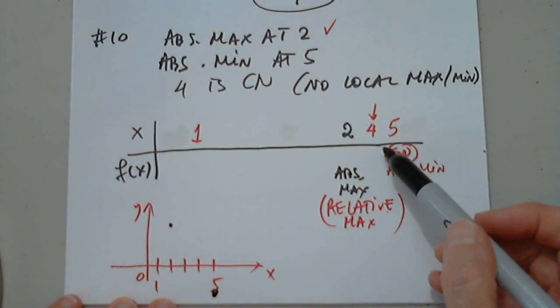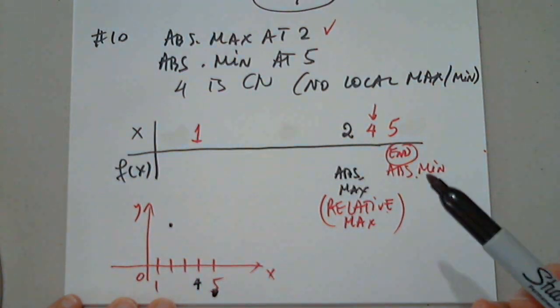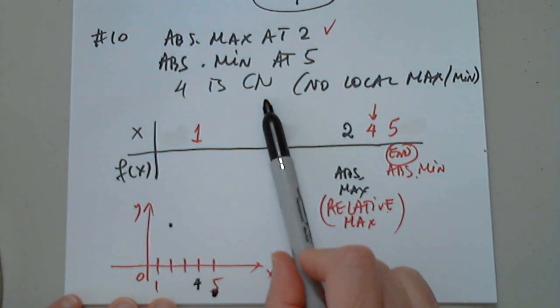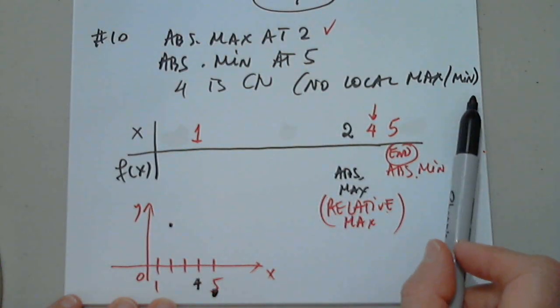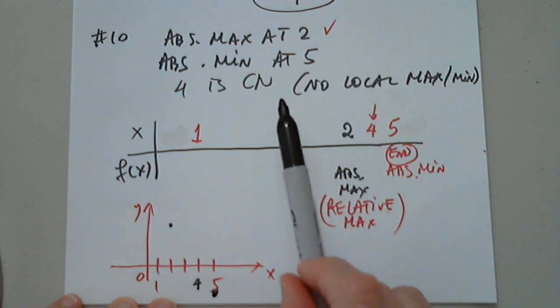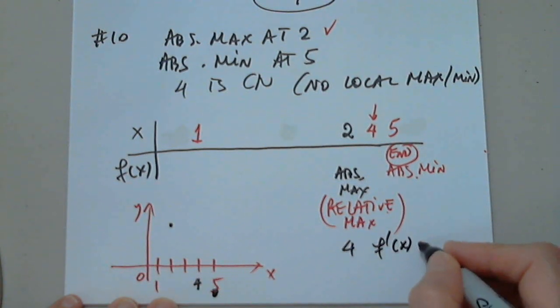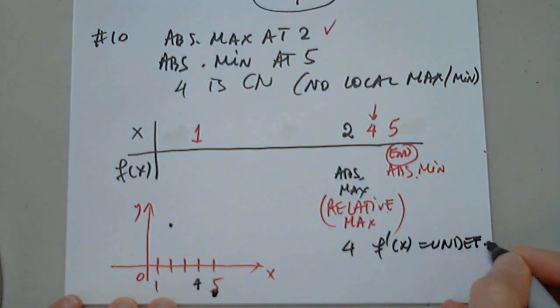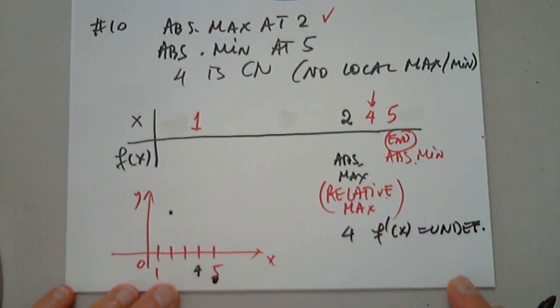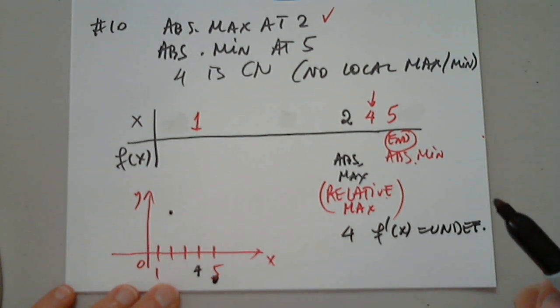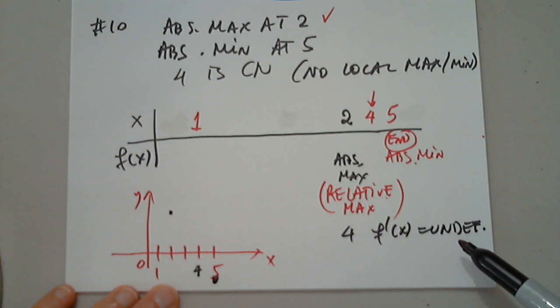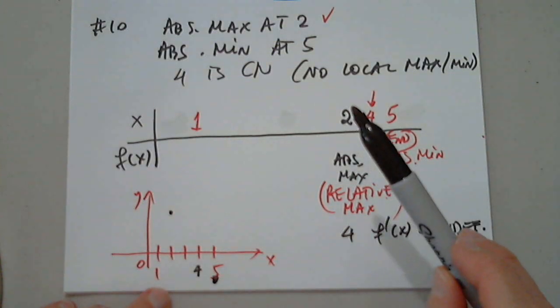And now the only discussion is at 4, where they say it is a critical number, but it's not a local max or a local min. So the derivative is undefined. So at 4, f prime of x is undefined, and we can create a vertical asymptote. But the function has to be defined.